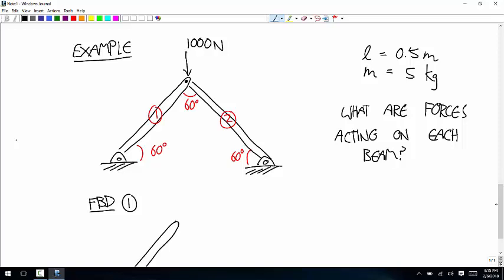You just have to be clear to yourself about what you're including in the chosen body. I'm going to include this pin as part of member one, okay? So that pin is not part of member two. And that means that this 1,000 Newton force is not applied to member two at all, right? It's only applied to the pin, which we're saying is part of member one.